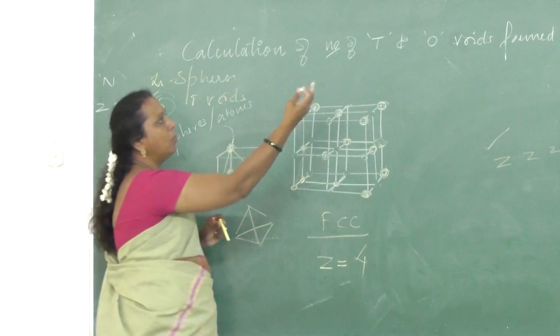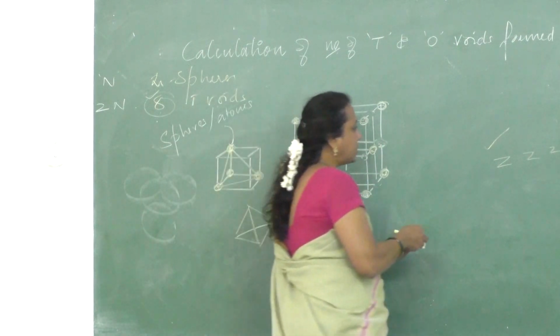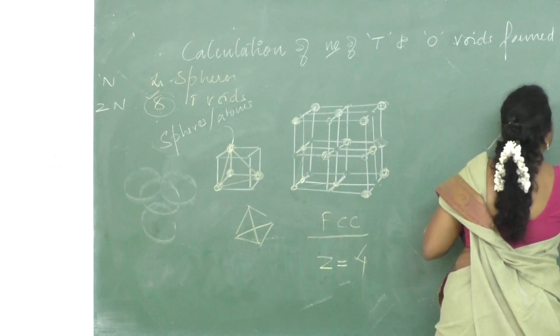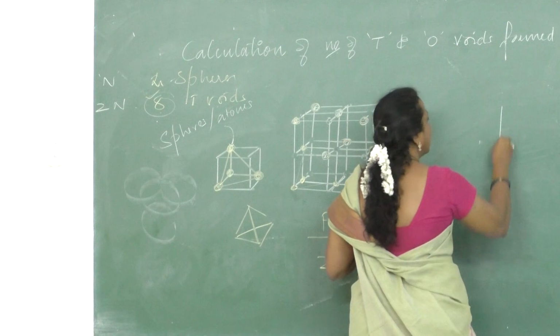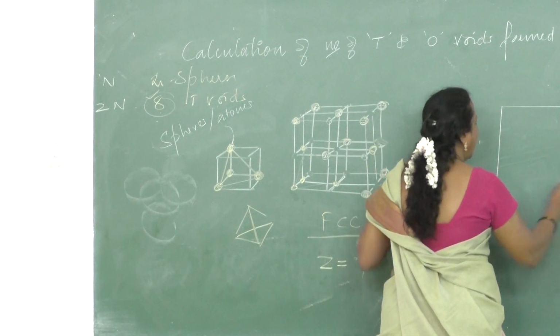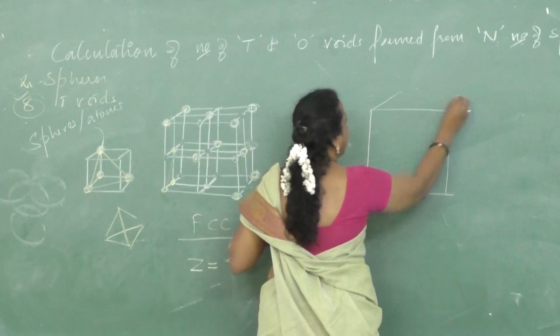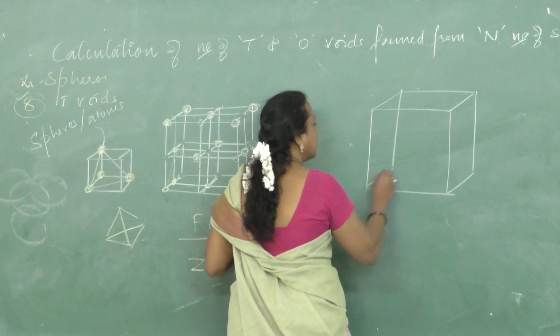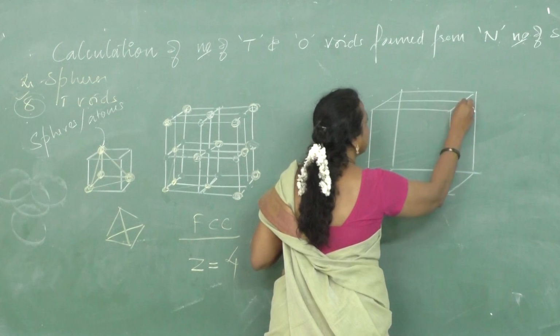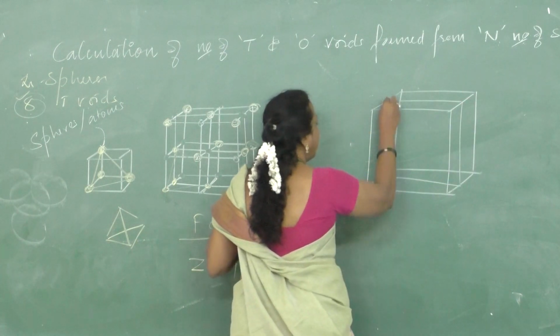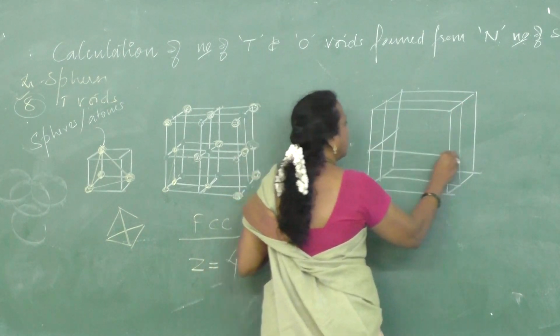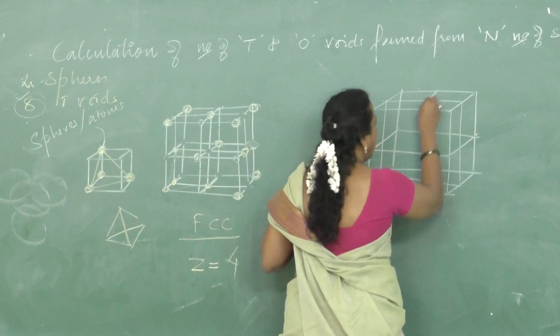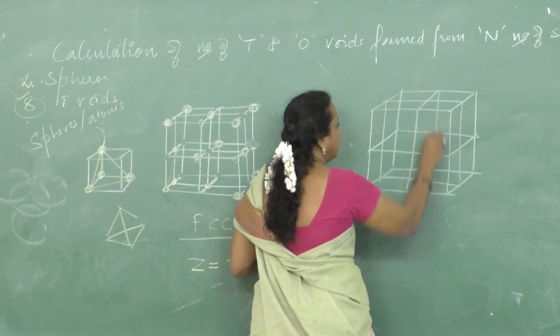We shall see octahedral voids now. To take up the octahedral void, a similar diagram I am going to take up. This explanation is there in the text. You can go through that, but meanwhile I am going to draw the diagram.